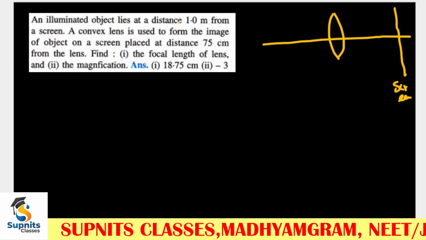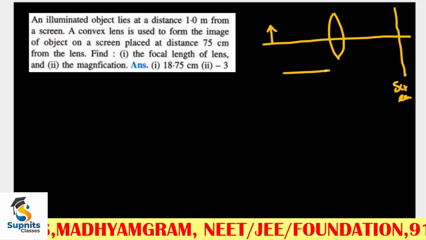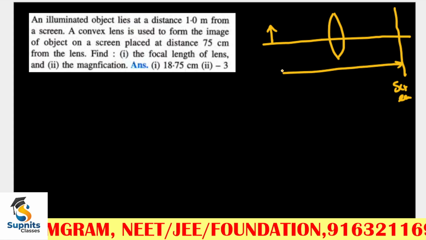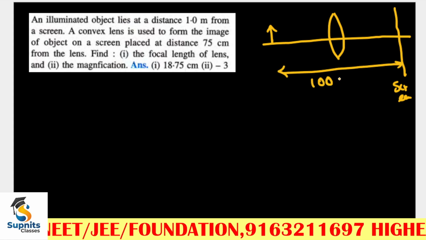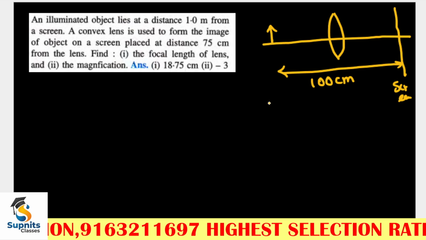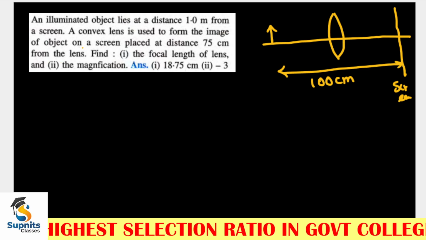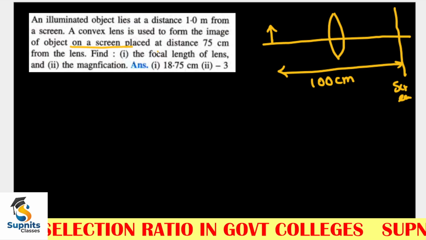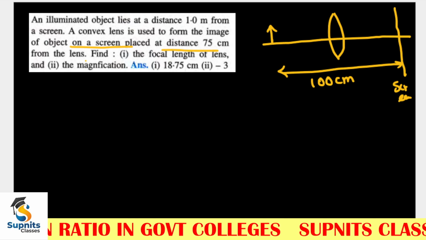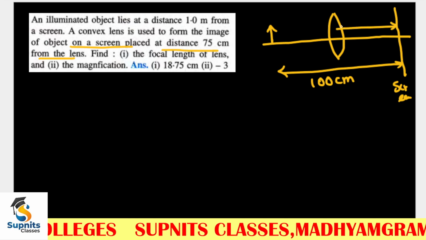So 1 meter distance. So here is the object. Suppose here is the object. It is at 1 meter distance, that is 100 centimeter from the screen. So from the object to the image, the distance is 100 centimeter. The image is formed on the screen. See, it is said the image is formed on the screen placed at 75 centimeter from the lens.